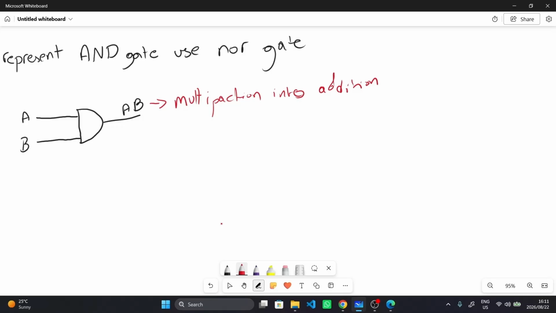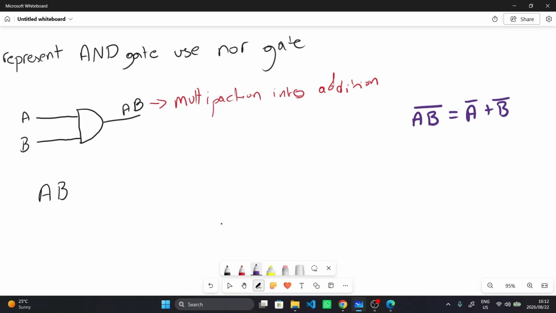This is where we'll use De Morgan's theorem. So we have A times B, and if you remember, the second rule comes into play: A times B complement is the same as A complement plus B complement, right?